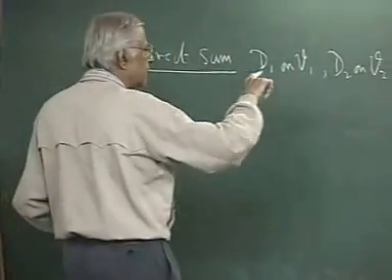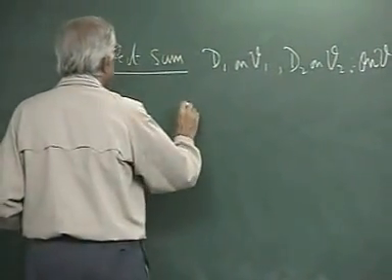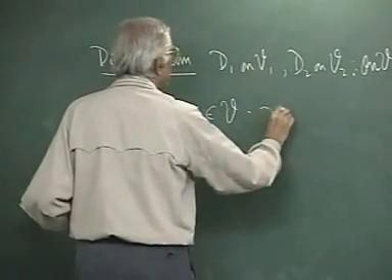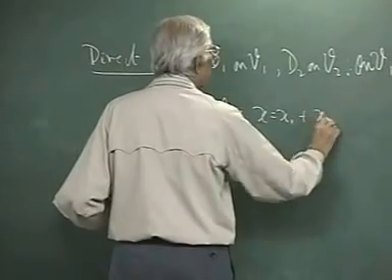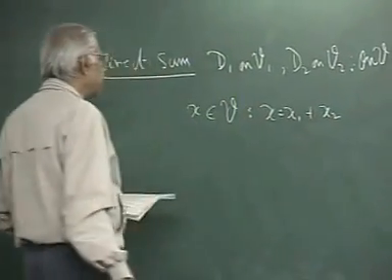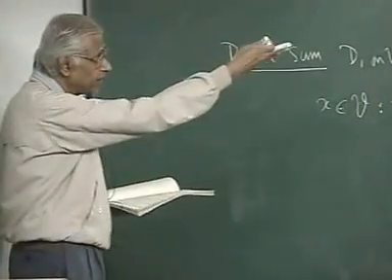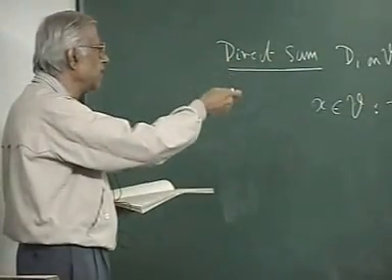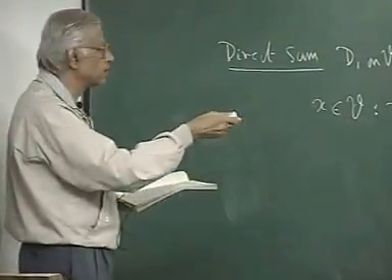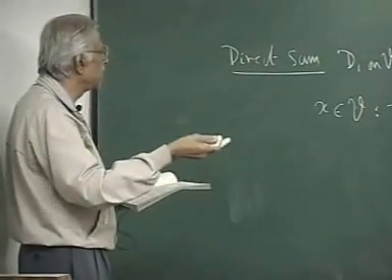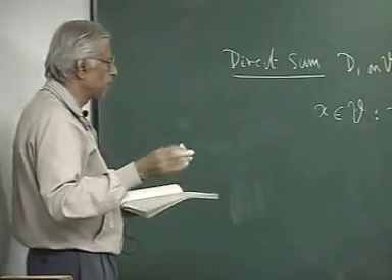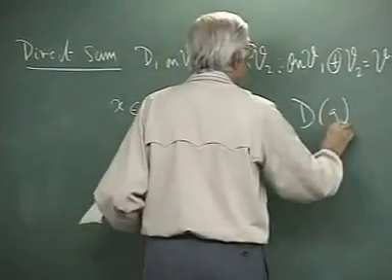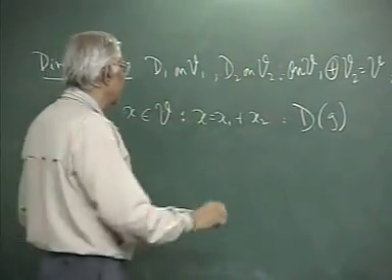Now on this direct sum, a representation of the group can be defined, and we proceed in the following way. Take a vector x in the direct sum vector space. By definition, it is the formal addition of something in V1 and something in V2. Write it as x equal to x1 plus x2. Then here is our definition of the direct sum representation.